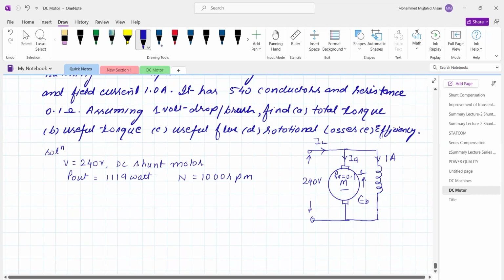The armature current Ia is equal to 50 ampere, whereas the shunt field current equals 1 ampere. The total number of conductors is 540, and the armature resistance Ra is 0.1 ohm, and brush drops are there. So now first we will calculate the back EMF.